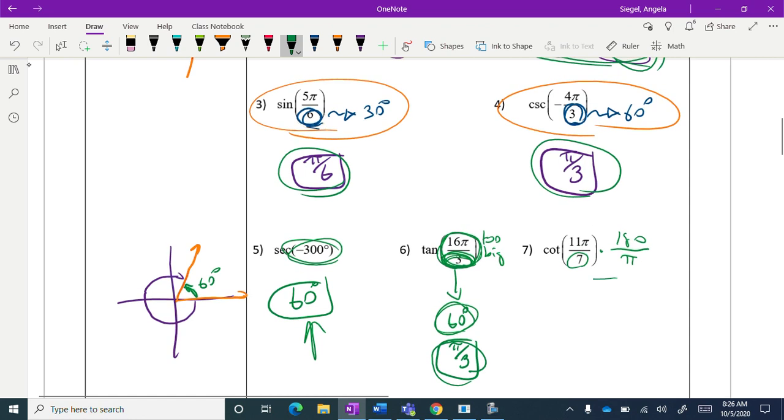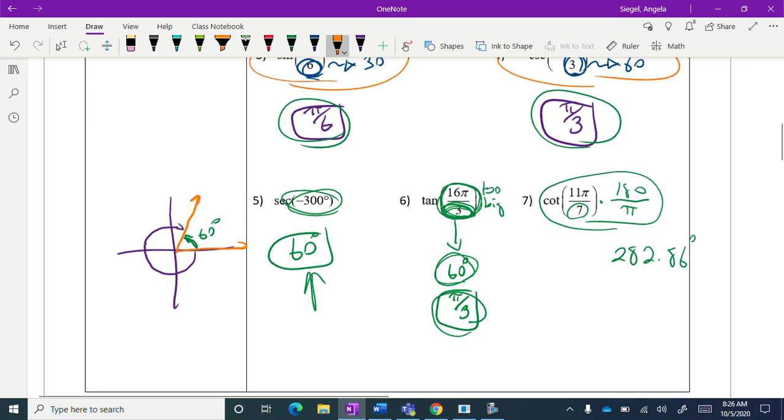This one is completely different. So what I did is I started here, and I saw that this gave me a yucky decimal angle, and so I knew that was a dead end. So I restarted and rethought this. If I thought about it in terms of over 7, 2 pi would be 14 pi over 7.